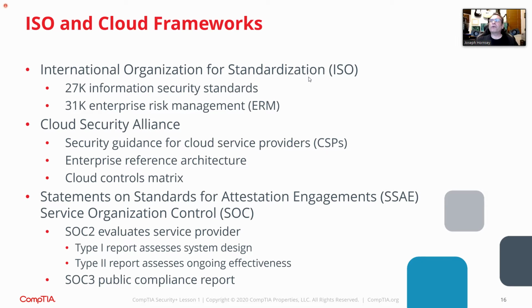And then you have the 31,000 series or 31K, which has to do with risk management. One of the big differences between the ISO frameworks and the cybersecurity framework is that the cybersecurity framework is put out by the government and by NIST, and it's free. You can go download it. The ISO standards you actually have to pay for.